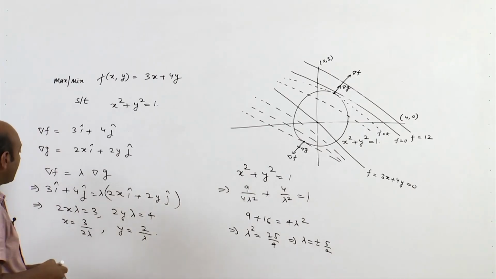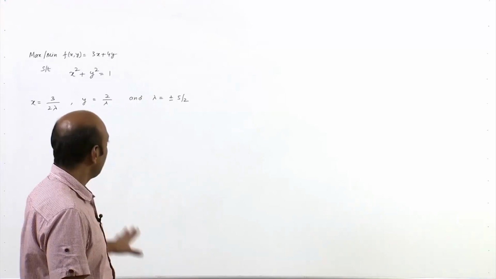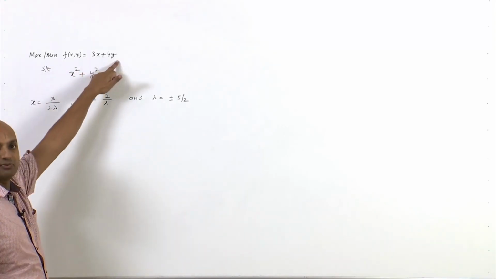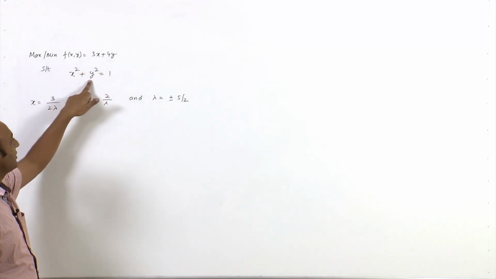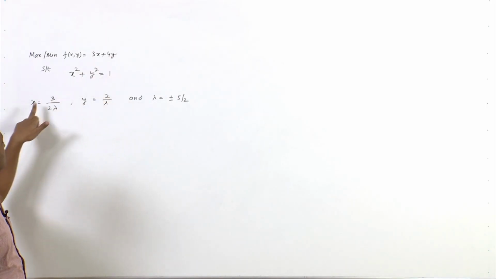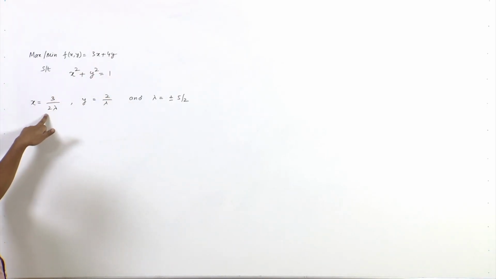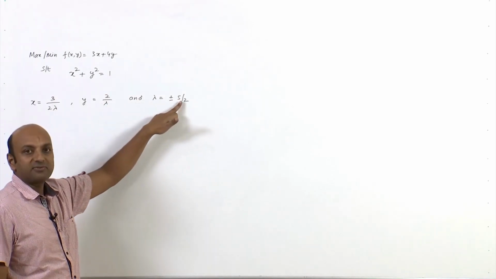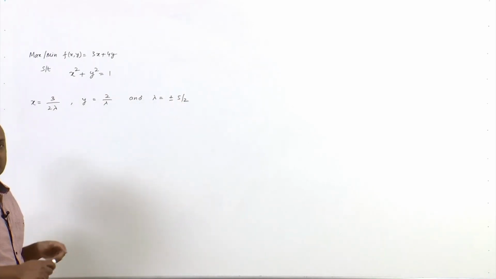Okay. Now, we were solving this problem, that is maximizing and minimizing f of x y equal to 3x plus 4y subject to x square plus y square equal to 1, and we have just obtained that x equals 3 by 2 lambda and y equals 2 by lambda, where lambda is plus minus 5 by 2. So, what will be the values of x and y?